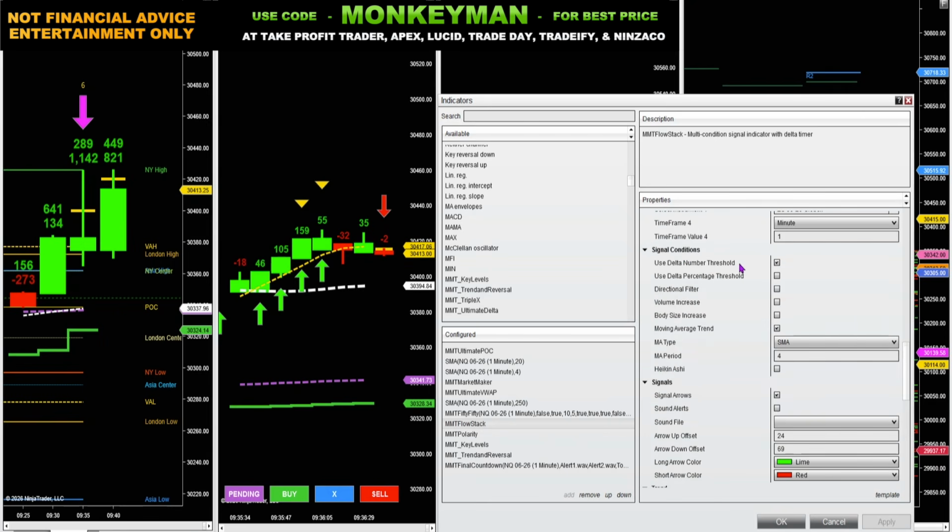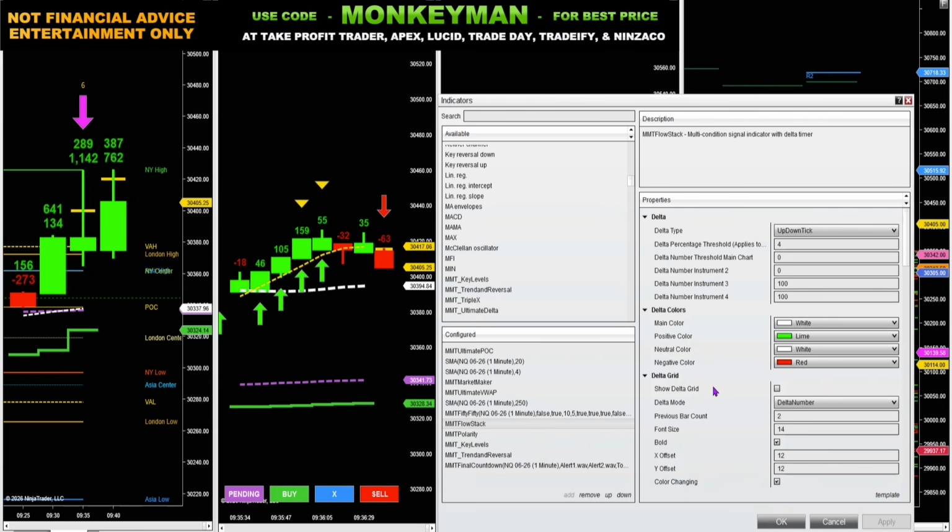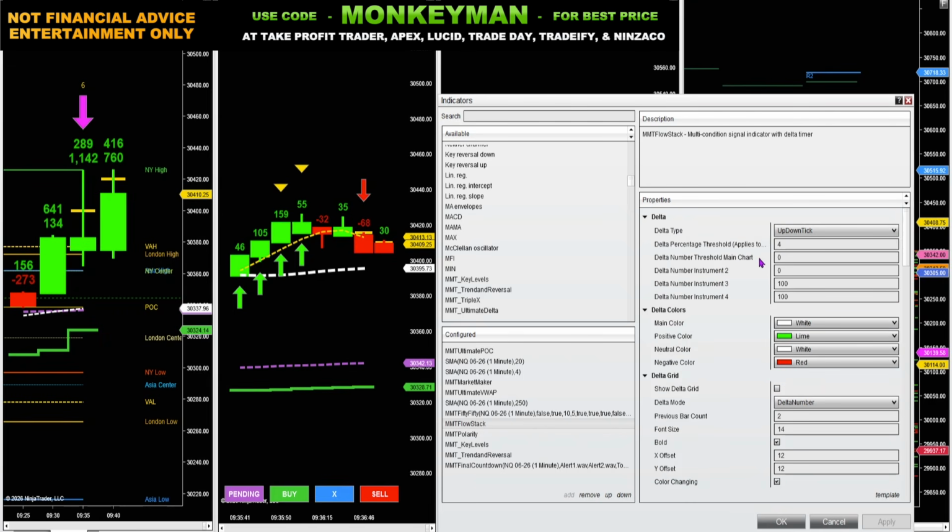I'm just using the delta number threshold and the moving average trend of a 4-period SMA. I've got my secondary instrument, the ES 1 minute. The delta threshold for both instruments are 0. So if the ES and the NQ delta is both positive or negative, and the moving average trend is also both positive or negative, I'll get a signal in the appropriate direction.